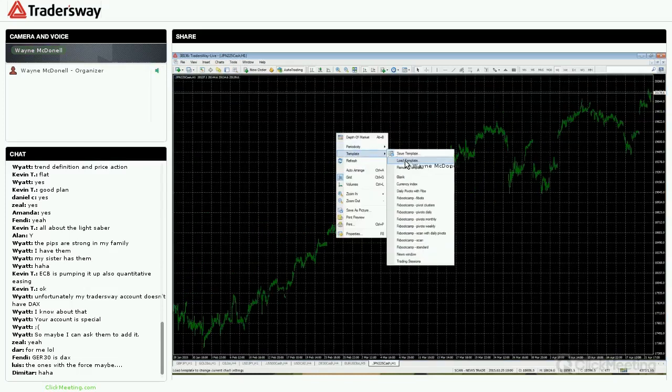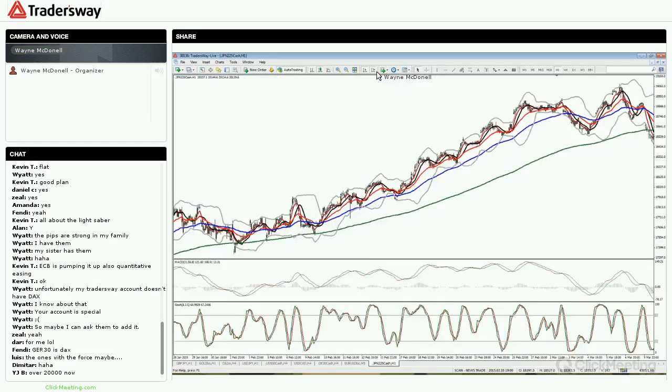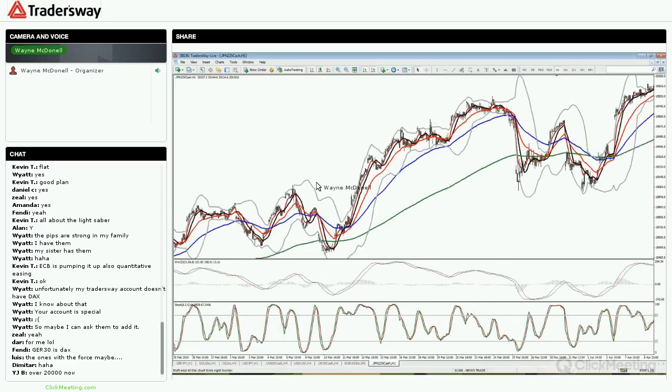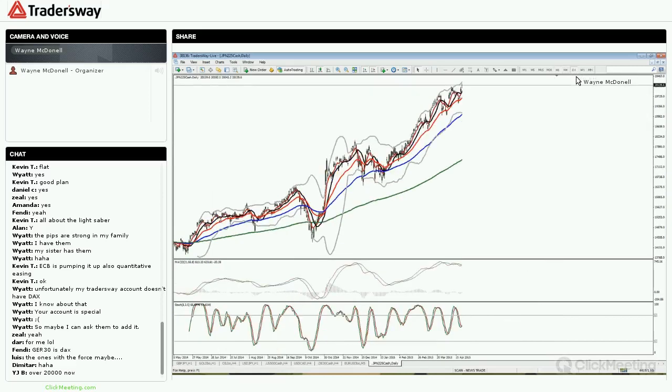When was the last time the Nikkei was at that price? Hang on. Sorry. There we go. When was the last time we were at this price? 15 years ago. 15 years ago, dude.